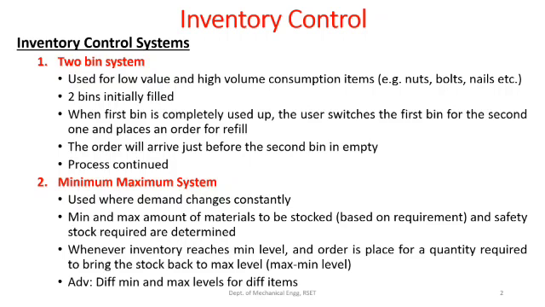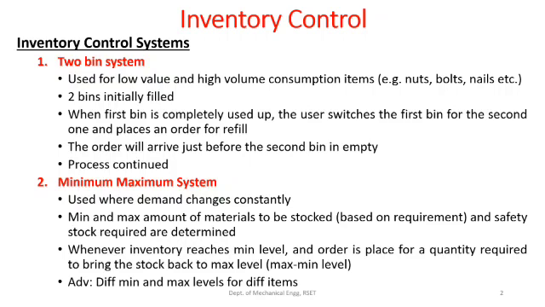So in this minimum maximum system, you find out the minimum and the maximum amount of materials to be stocked based upon the requirement, and the safety stock required is also determined. We have to determine the minimum and maximum stock because the demand here is not constant, it keeps on changing, and whenever the inventory reaches the minimum level or the reorder level, an order is placed for a quantity required to bring the stock back to the maximum level.